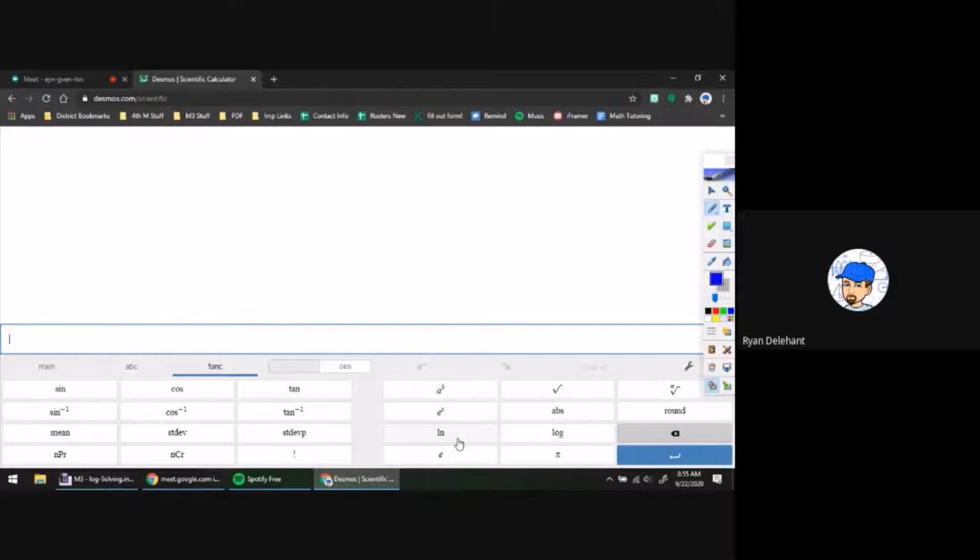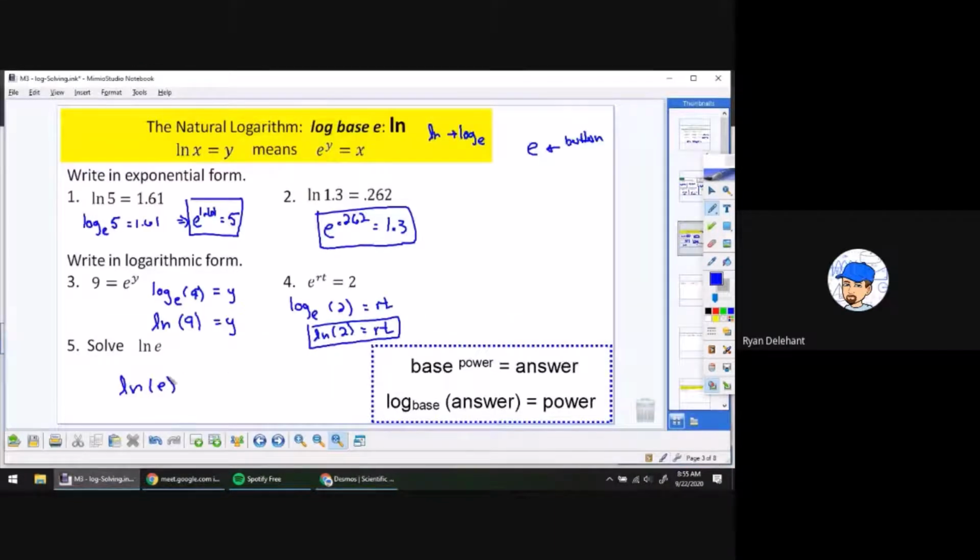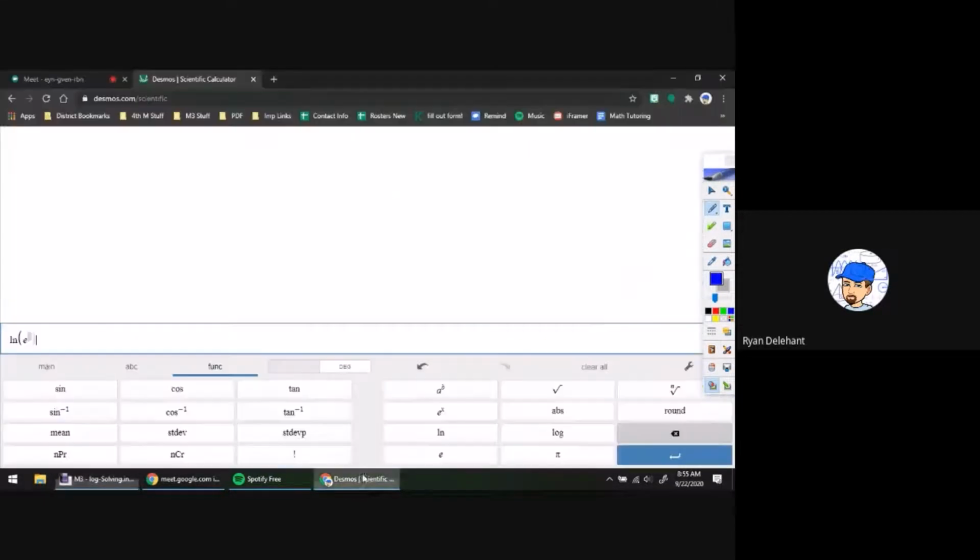So we wanted to know what the answer to natural log of e was. Now, what was the power of e if there's nothing written? Every number technically has a power. There's nothing written on it. That power should be a 1 because 1s don't change anything. So just put a 1 in there.